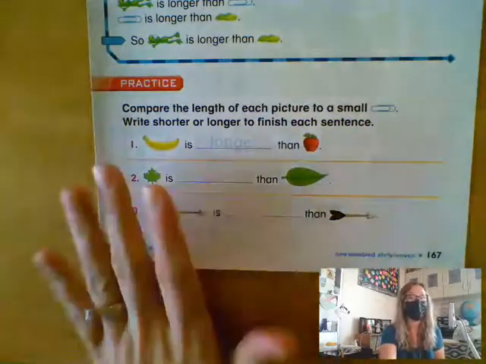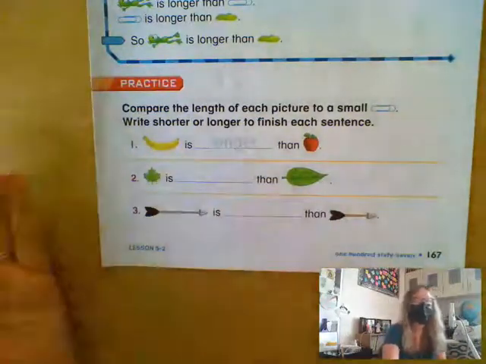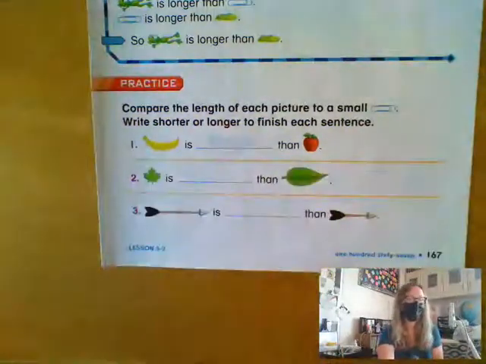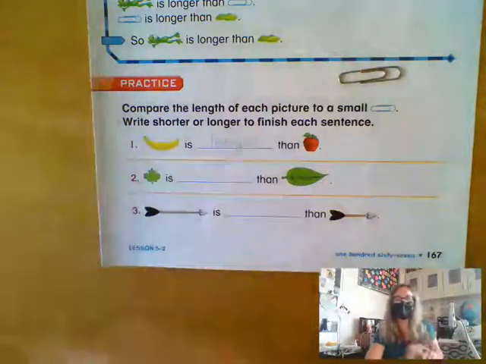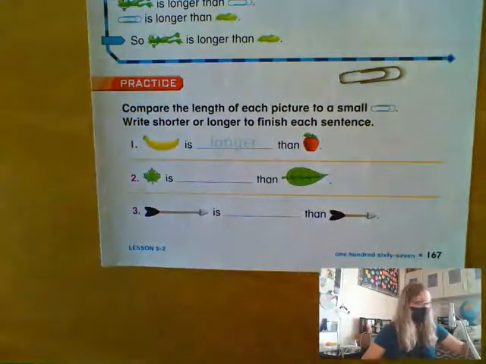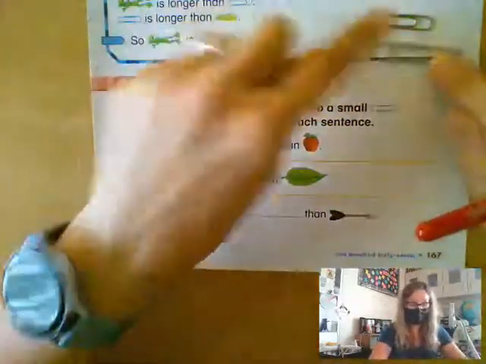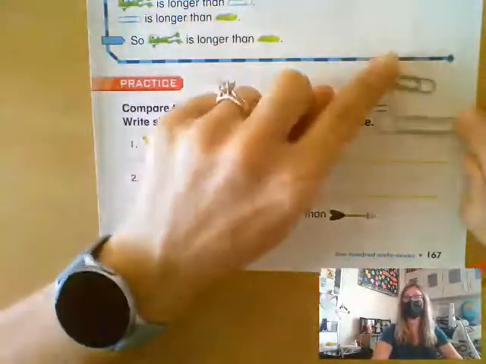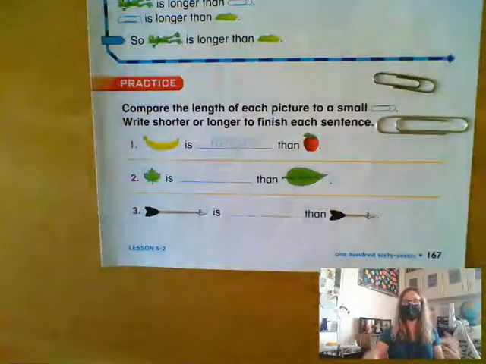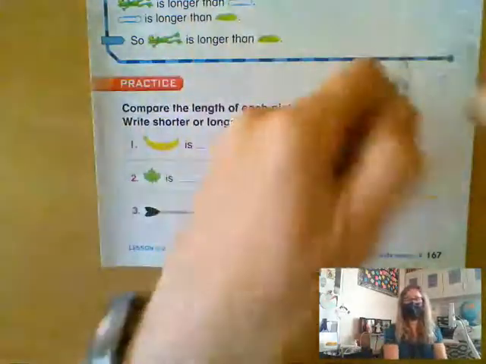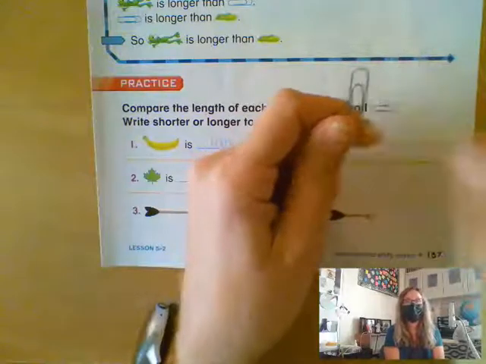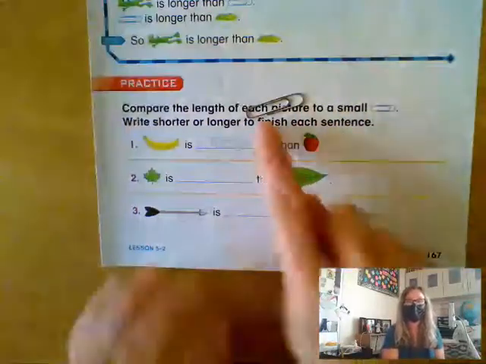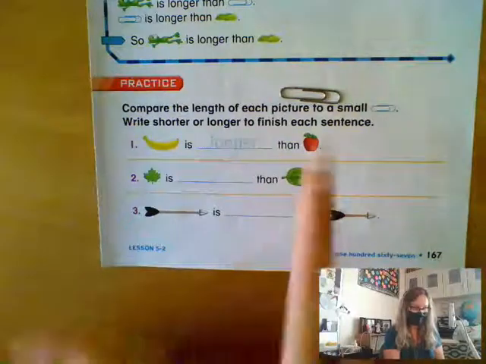And we're going to decide if each object is longer than or shorter than the other. Okay, so I'm going to get my short paper clip. And it's important to note that I'm using a short paper clip, not a long paper clip, because just like we talked about with different size feet, if we're using different size paper clips, we could get very different measurements, couldn't we? So I'm going to use the small paper clip or the short paper clip, okay?